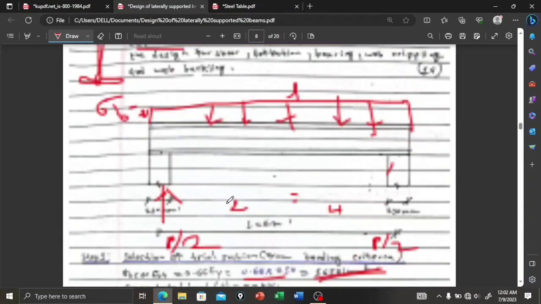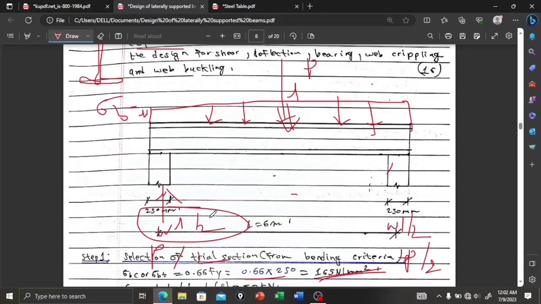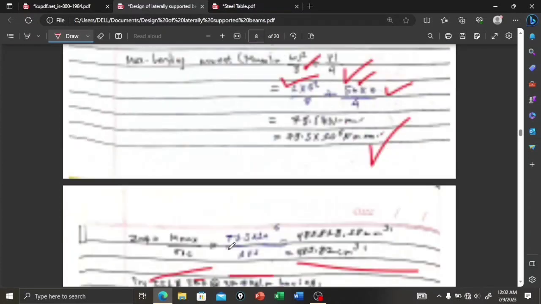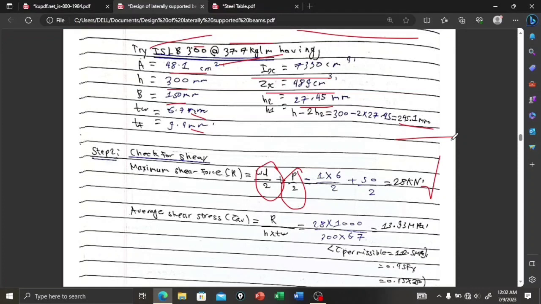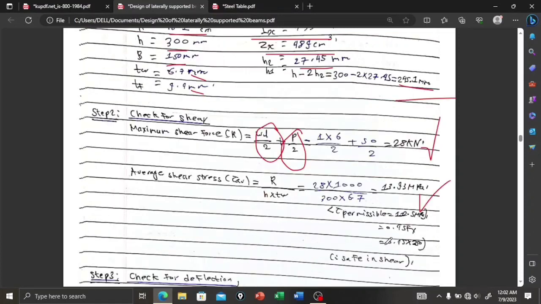So shear force is WL by 2 plus P by 2, so we get 28 kilonewton. Average shear stress is F by D TW, which is 13.93, less than permissible.